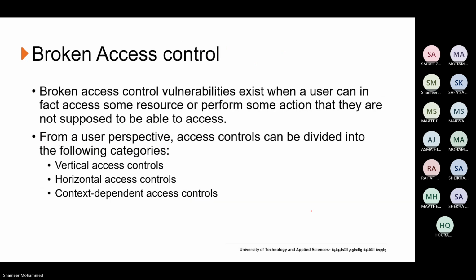How? Number one, see here, a broken access control vulnerability exists when a user can in effect access some resource or perform some action which they are not supposed to perform. Students are not supposed to delete the marks. Students are not supposed to enter the marks.